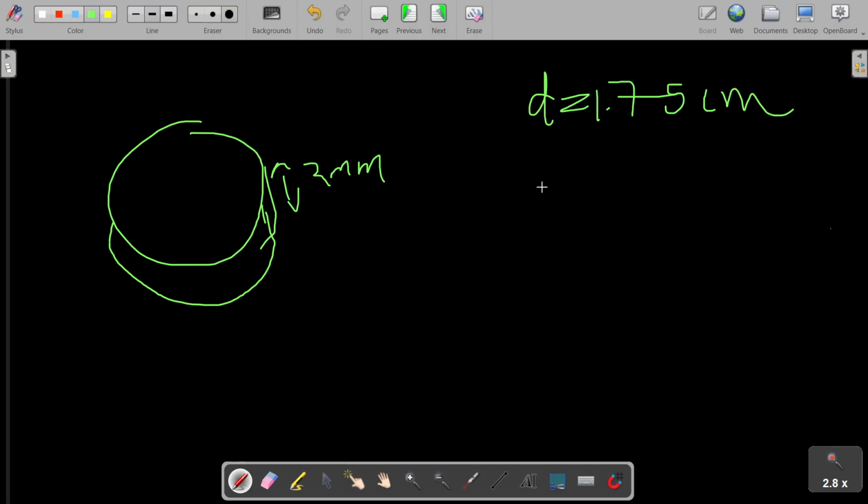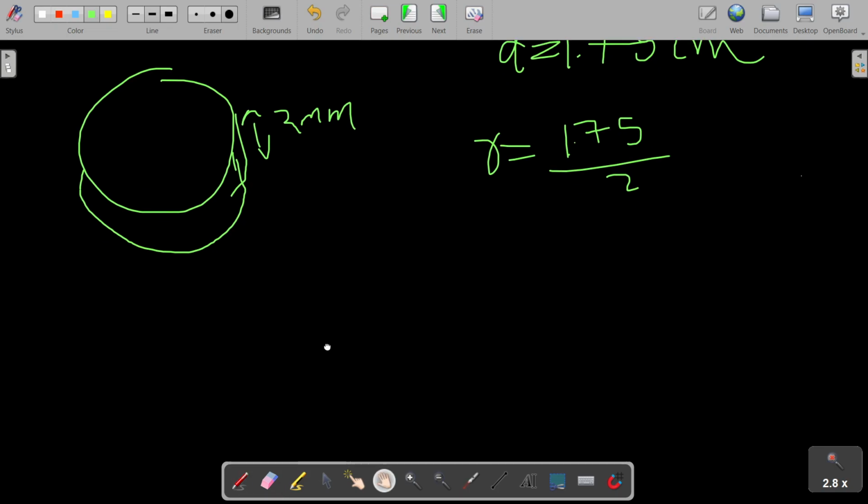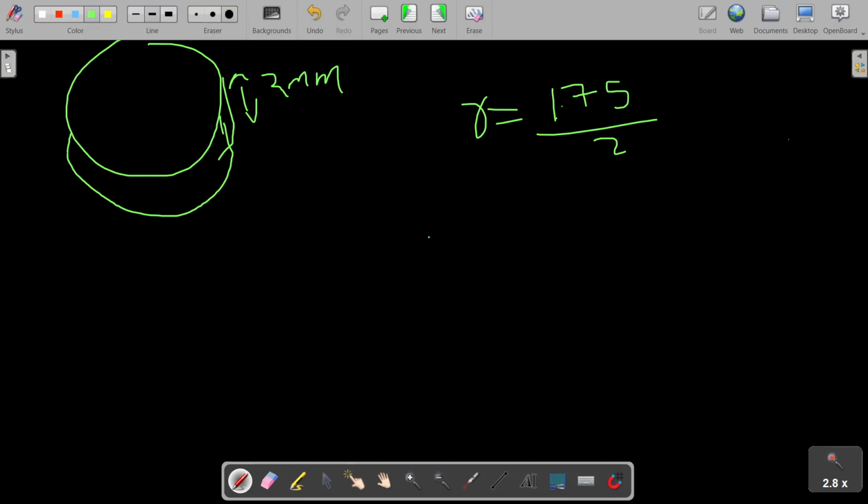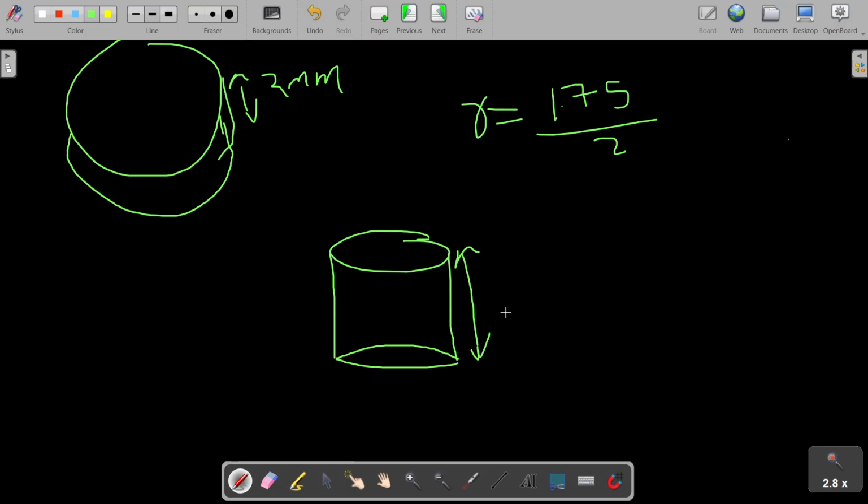Okay, and so sorry, the radius becomes 1.75 over 2. So if we zoom in into this coin, it looks like a cylinder. The height of the cylinder is very low. So for understanding purposes, I'm only drawing this cylinder. So this height is 2 millimeters, and the radius is 1.75 over 2 centimeters.